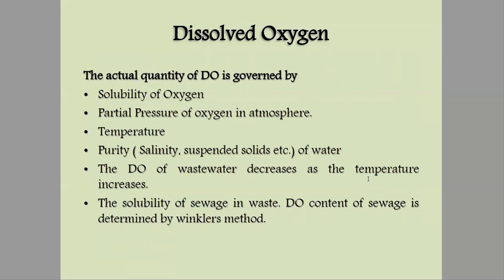Why does this happen? Because higher temperature leads to more consumption of oxygen by the aquatic plants, and that leads to reduction of DO content as it is consumed by the plants in their food making processes. So that leads to the reduction of dissolved oxygen contents.